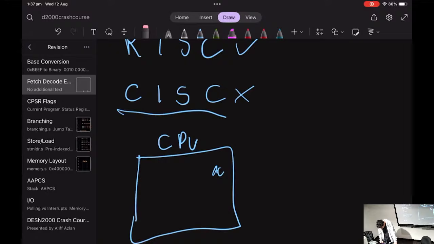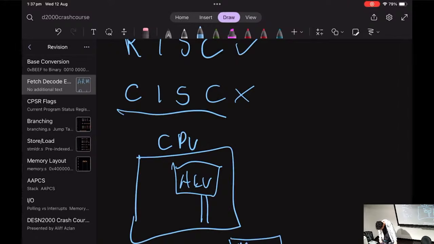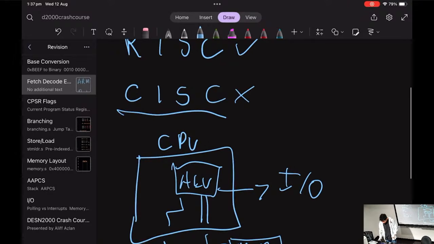We also have, say, buses into memory, right? And then we might have some IO stuff. And there's a lot of things that we could include in a CPU. With RISC, we want to minimize that. So what's the trade-off between minimizing it?